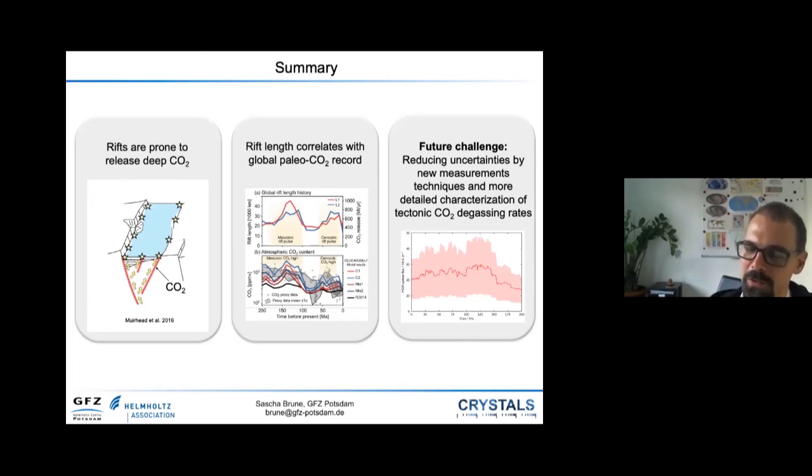Maybe go back to 50 million years, maybe to 100, and then compare to the records with methods that have smaller uncertainties, and do that task before going further back in time.